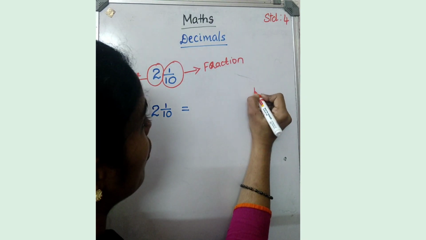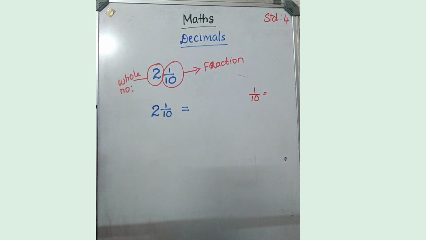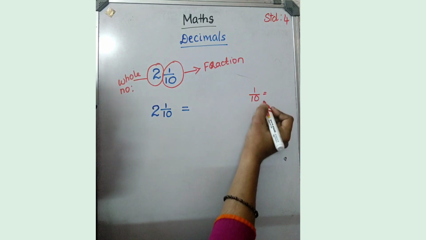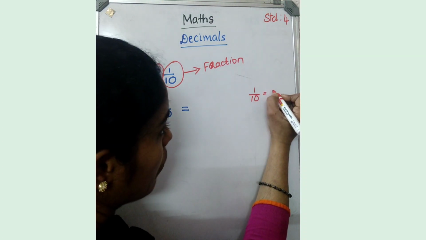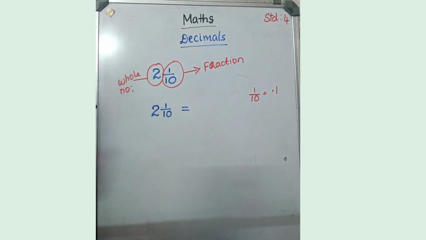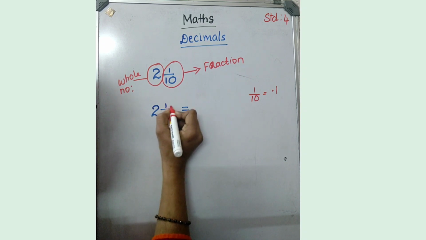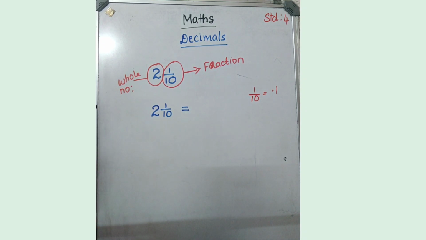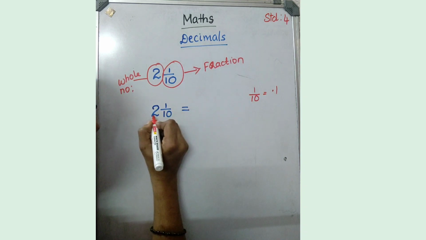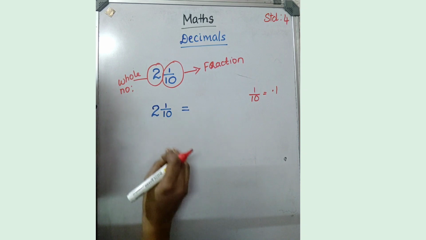For a decimal number also there is a whole number part and a decimal part. We know how to convert 1 by 10 to a decimal number. Here there is only one 0, so only one decimal place, that is 0.1. And coming to 2 and 1 by 10, how will you convert this into a decimal number? This is the whole number, and the whole number doesn't change.